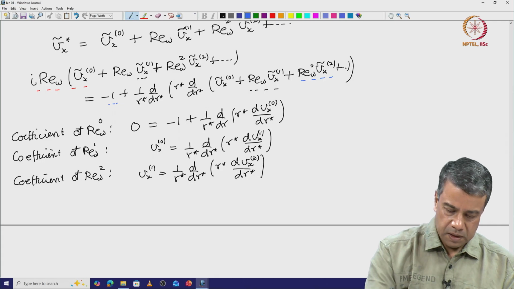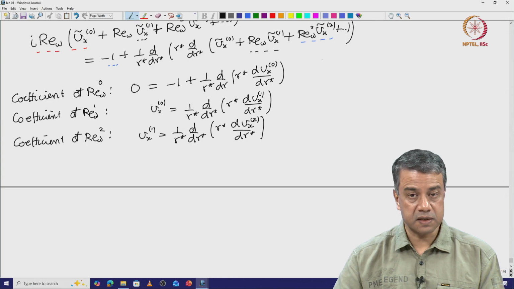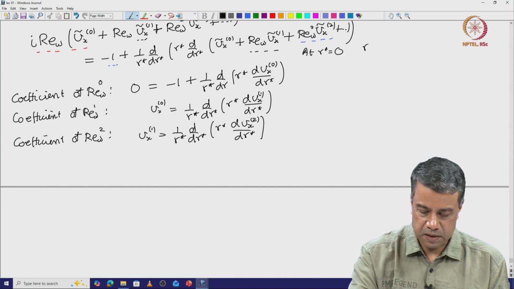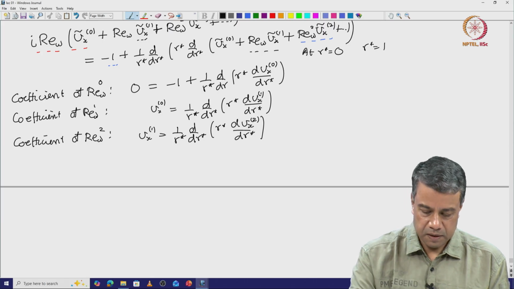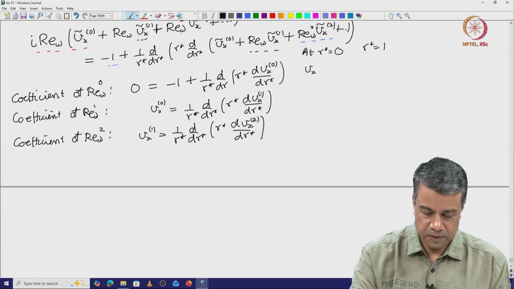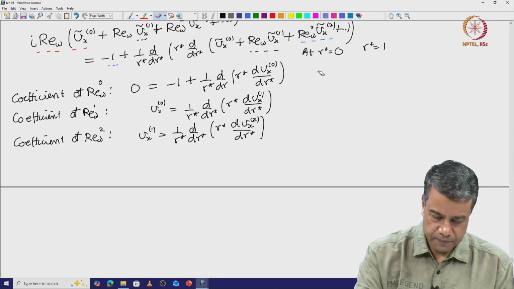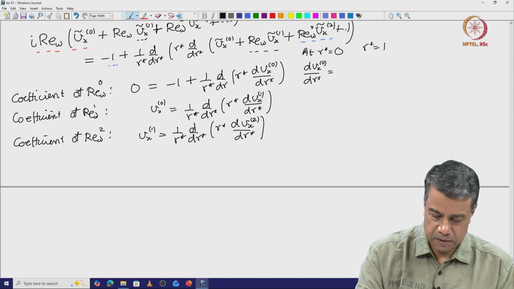I have expanded the equation and now I have to expand the boundary conditions as well. At R star is equal to 0 and at R star is equal to 1, we know that Vx star is equal to 0, which means that Vx naught is, dVx naught by dr star is equal to 0.